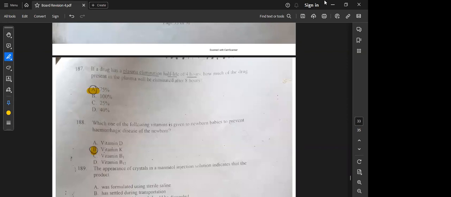Just go through what is given to the child at birth, at 6 weeks, 10 weeks, 14 weeks, and 9 months. The immunization schedule, not looking at the types of vaccines, just what is given. If anyone knows, they can just unmute so that we can go as quickly as possible.